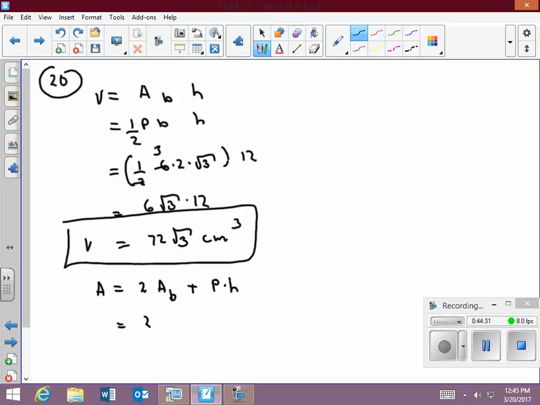And the area of the base is once again just like the area we had there. It's 1/2 of 6 times 2 times the square root of 3. Oh, yeah, that's the area of the base. Then plus the perimeter, which is 6 times 2, times that height, which is 12.